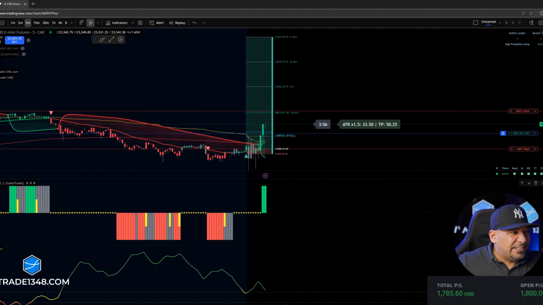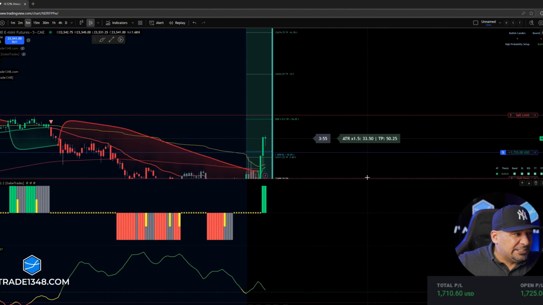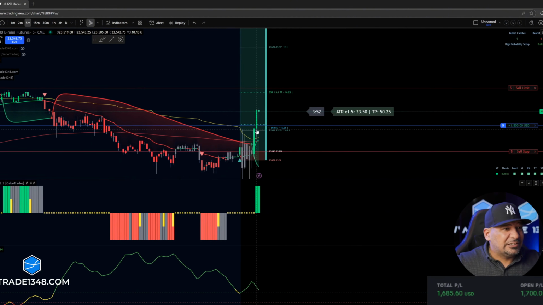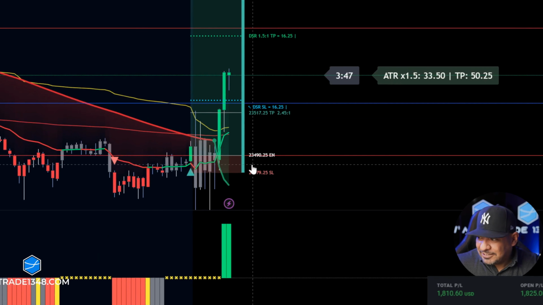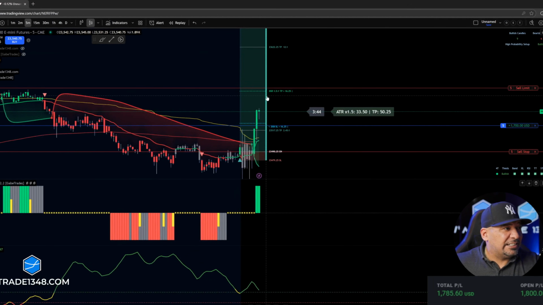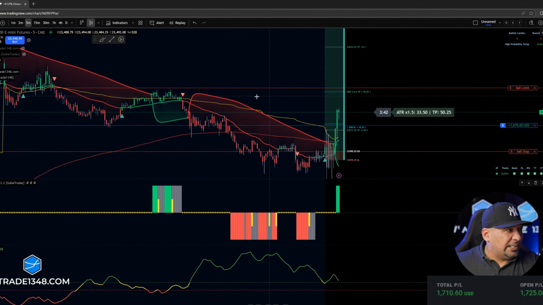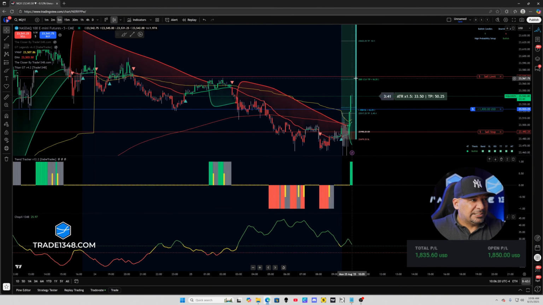My take profit is going to be well beyond a 2-to-1 or 3-to-1. My risk here, this is my risk box right there. You guys see that there? That's my risk box. And we potentially could be seeing this right here.